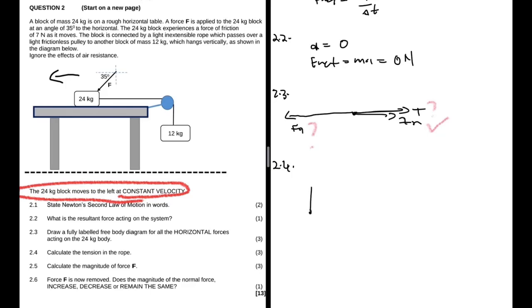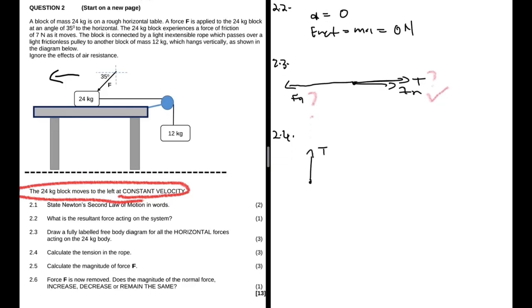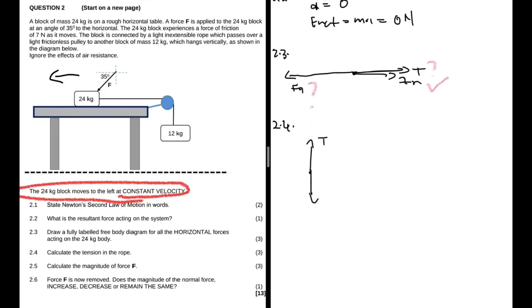We have the tension that is pushing up, and then we have the weight that is pushing down, right? And then we know the weight, obviously, because we have the mass. The only unknown variable is the tension. So here, clearly, it will be easier for us to use the 12 kg block to find the tension versus the 24 kg block, right? Because on the 24 kg block, at this point, we have two unknown variables.